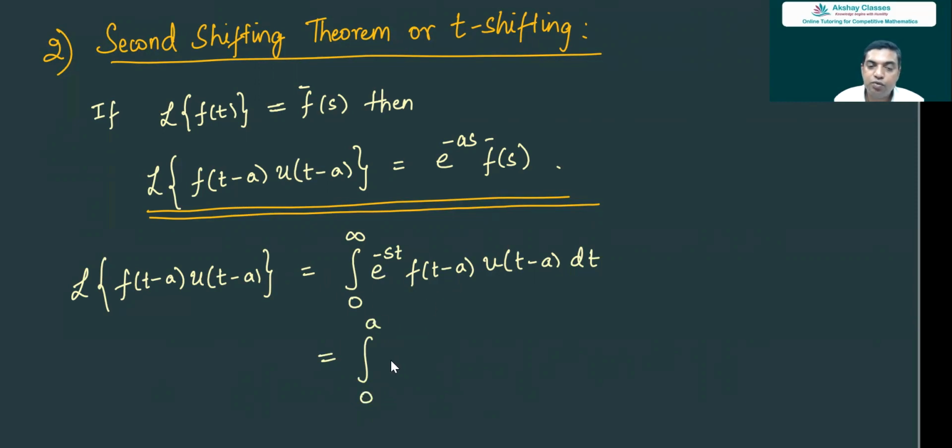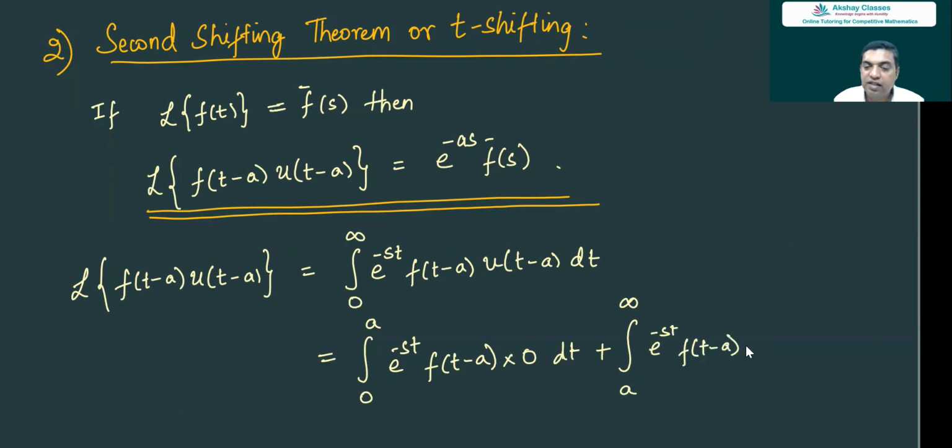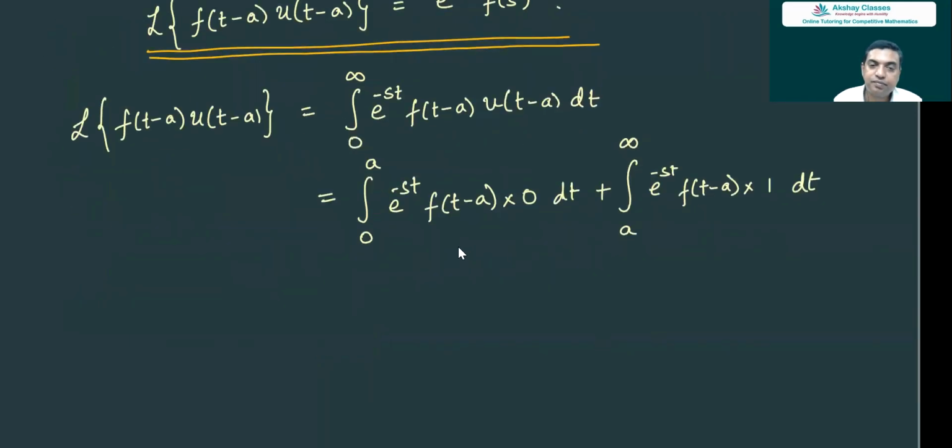In between 0 to a, this term exists, this term exists, this becomes 0. And from a to infinity, this term exists, this term exists, and this term becomes 1. So this term is 0 plus this term, this is t from a. So I'll just leave it here.